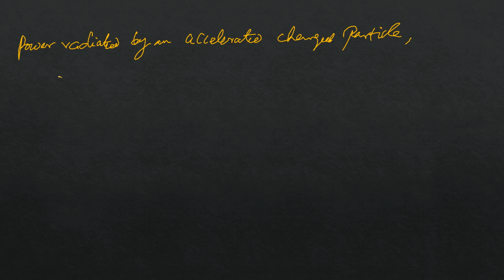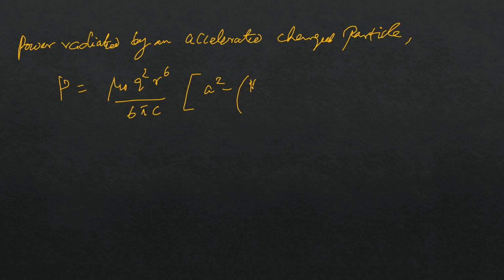That will be P is equal to mu naught q square r to the power 6 by 6 pi c, times a square minus v cross a by c, whole to the power 6, right?